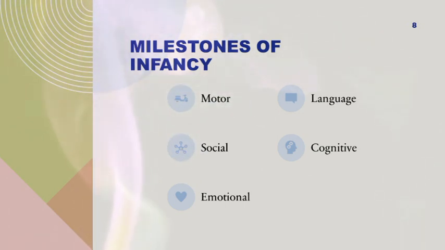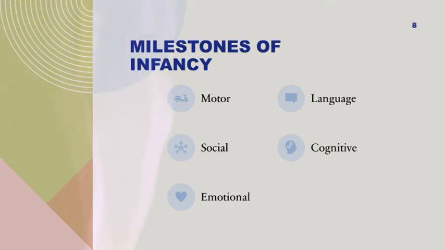So as we continue our exploration of this stage, there are a few things that we need to highlight within infancy. First off, motor development. During infancy, infants undergo significant advancements in their motor skills, progressing from simple reflexes to more complex movements.